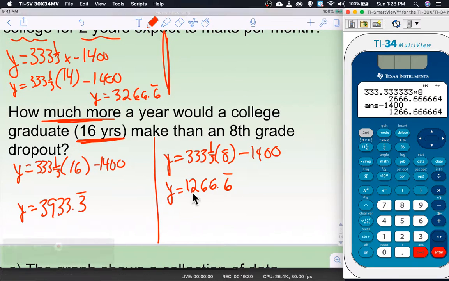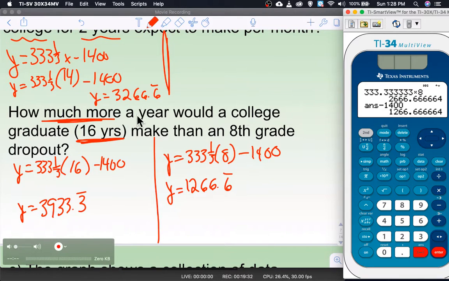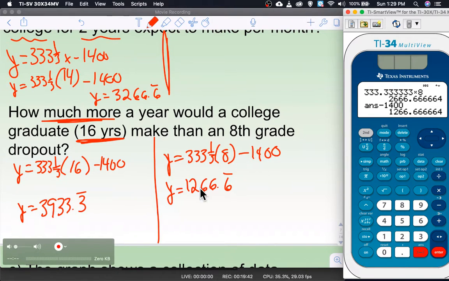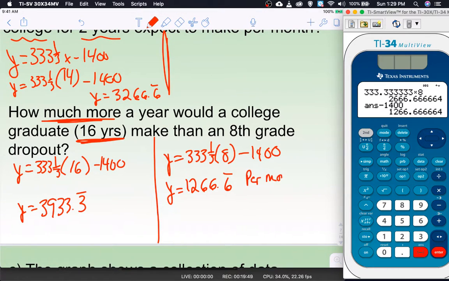Now, the question was, how much more a year would a college graduate make than an 8th grade dropout? So we need to find a difference of how much money they make in a year. I'm going to take their numbers here, and this is per month. To make it per year, I'm just going to simply multiply it by 12.